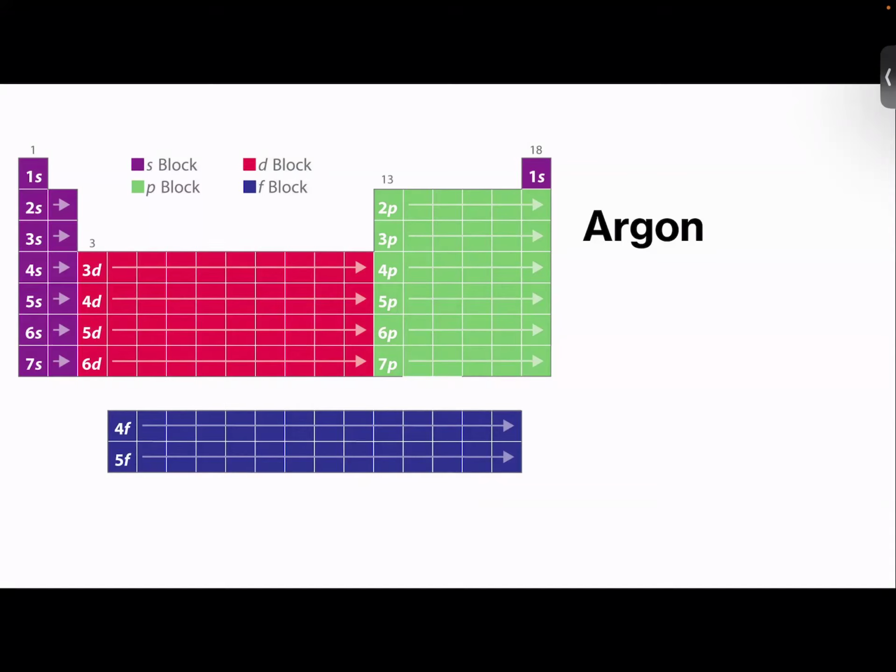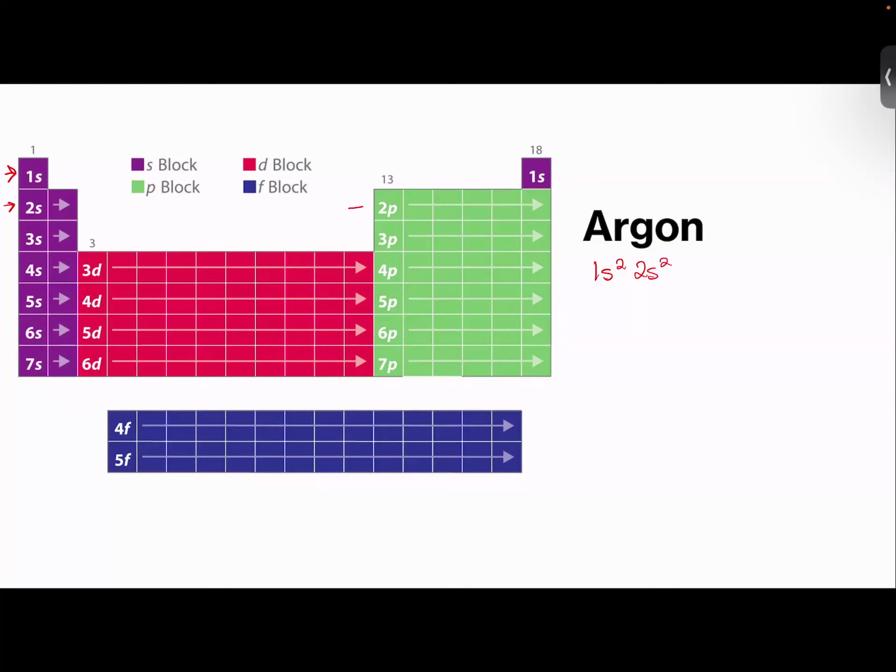So, okay, argon. You start at the beginning with the 1s, and it is 2 elements across. Then we go to the 2s, and it is 2 elements across.